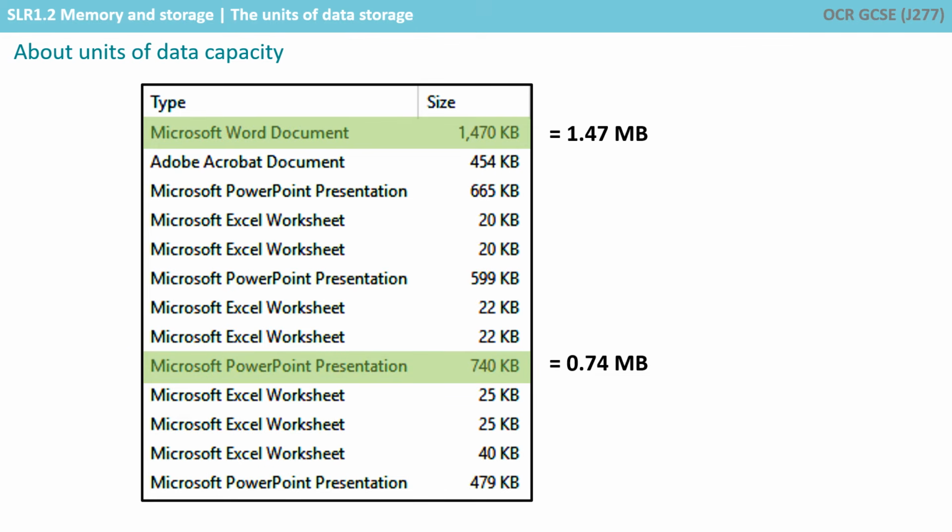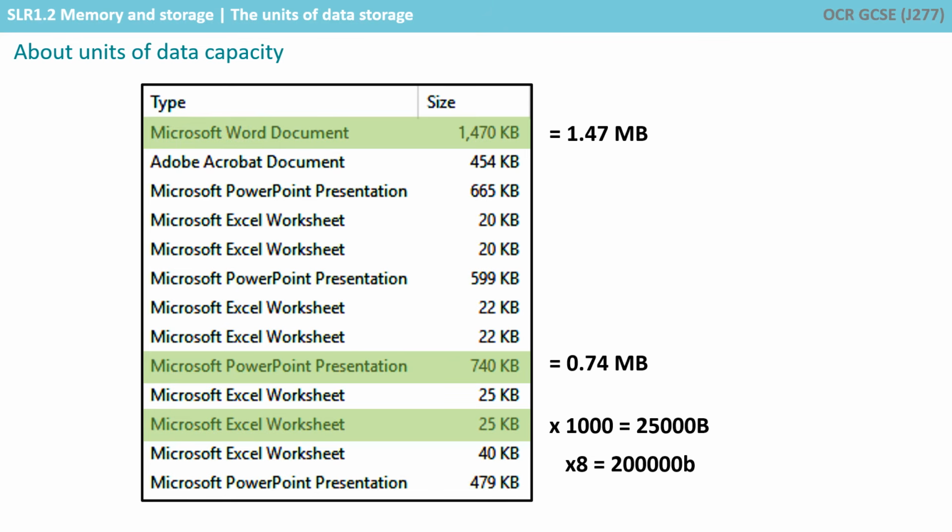Further down here, we have a Microsoft PowerPoint file, which is 740 kilobytes. Again, if we divide by 1,000, that is 0.74 megabytes. So it's quite straightforward to convert between the two units here. Typically, once we go above 1,000, we want to represent the data in the higher unit.